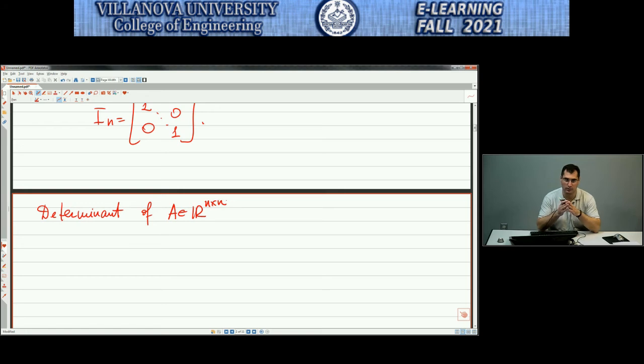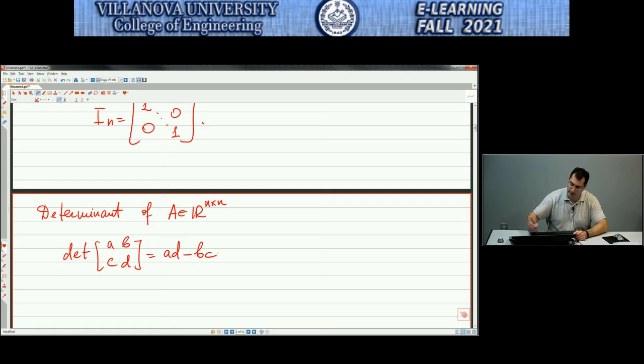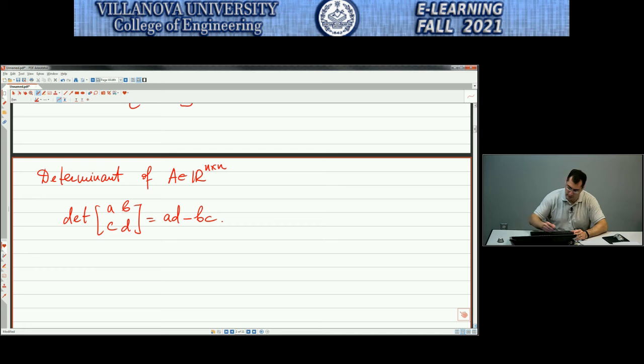It has something to do with the so-called minors. MATLAB will calculate the determinant for you. Let me just remind you that the determinant of a 2 by 2 matrix is given by the product of diagonal elements minus the product of the off-diagonal elements. Just remember that.